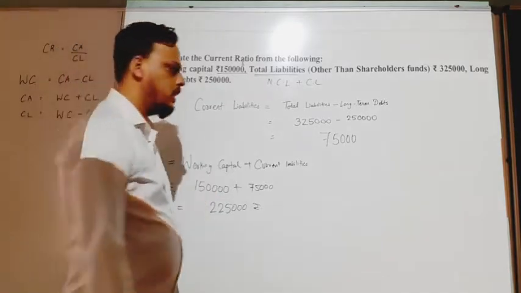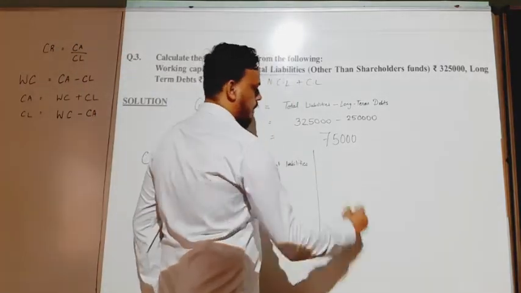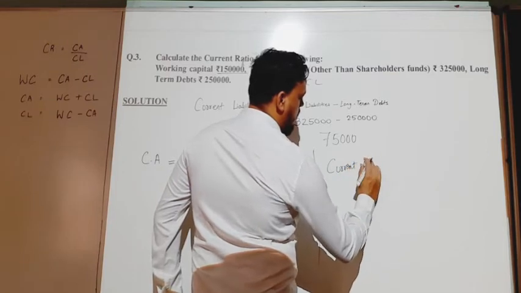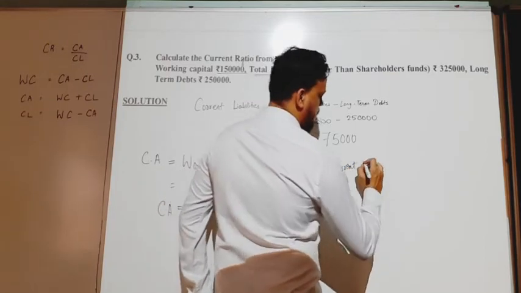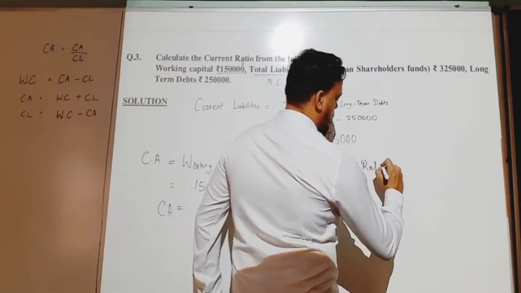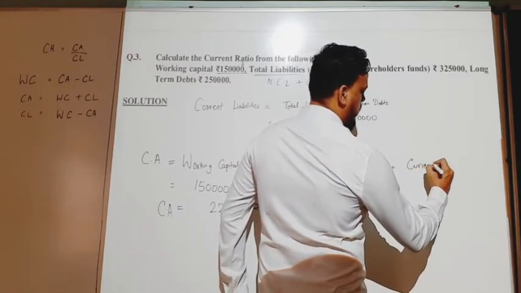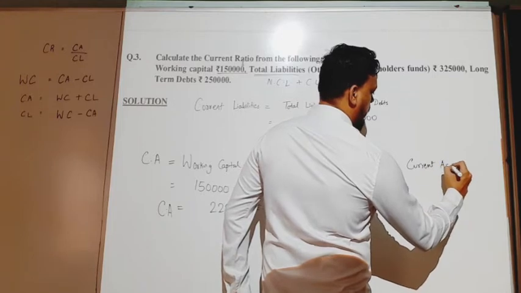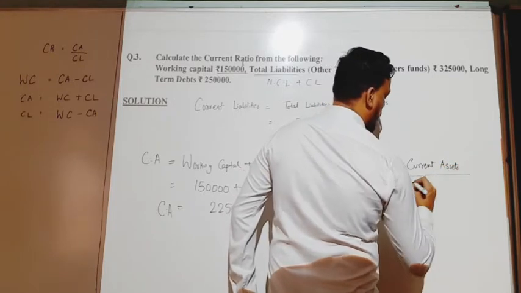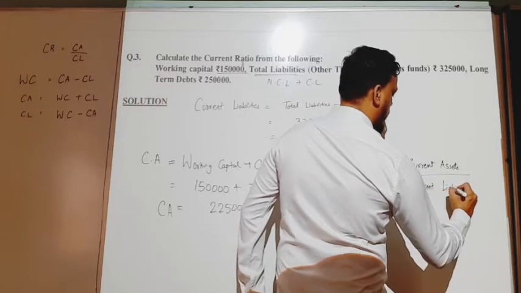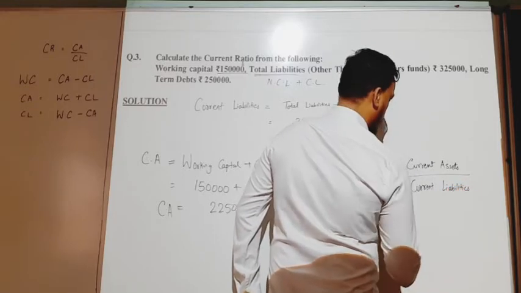According to the current ratio, we have to find two things, current liability and current assets, and we got both. So let's begin with the formula. Current ratio is equal to current assets upon current liabilities.